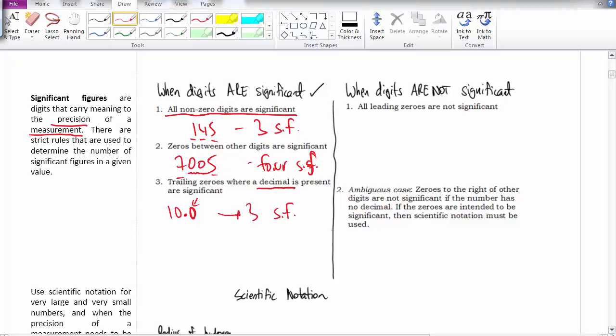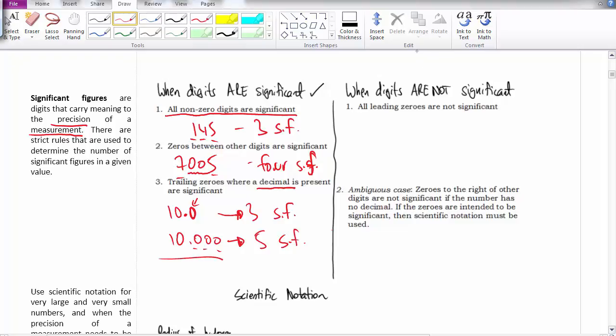Another example would be the same value, 10.000. You might think that 10.0 or 10.000 is the same amount, but this implies way more precision because it's to 3 decimal places. So this would have 5 sig figs. A way more precise measurement.